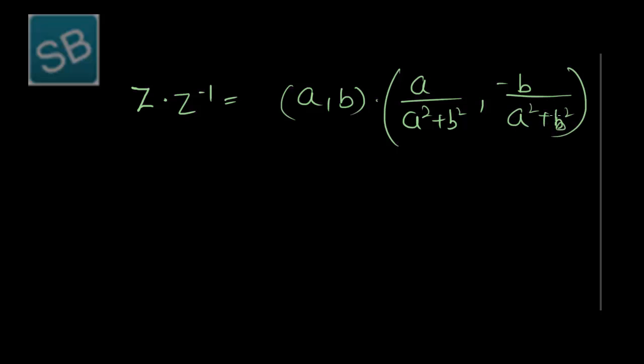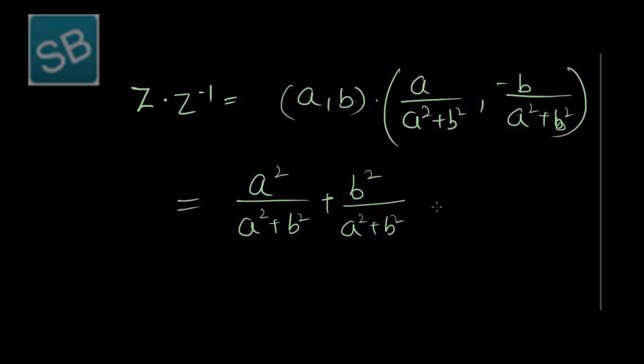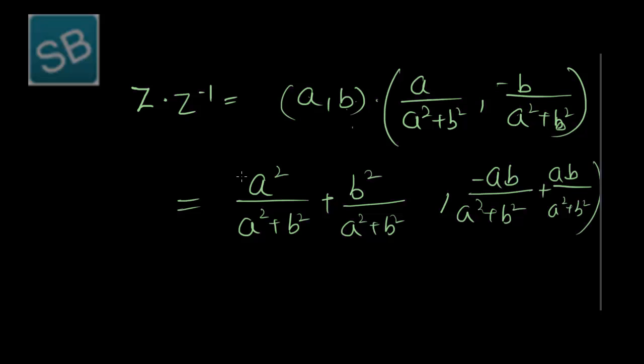So by the law, the product of these two elements is given as a into c, that is a square over a square plus b square, minus b into d, minus minus plus, it becomes b square over a square plus b square, comma a into d, that is minus ab over a square plus b square, plus b into c, that is ab over a square plus b square.